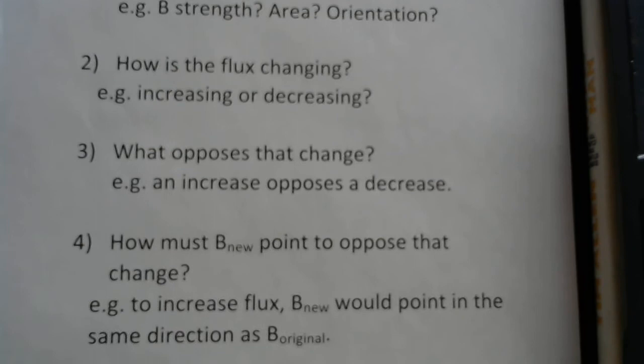Well, as an example, to increase the amount of magnetic flux, your new magnetic field would point in the same direction as the original magnetic field that was causing the flux. So, if you had a decrease in flux and you wanted to oppose that with an increase, your new magnetic field actually points in the same direction as your original magnetic field, according to Lenz's law. Now, this will tell you which direction the new magnetic field has to point.